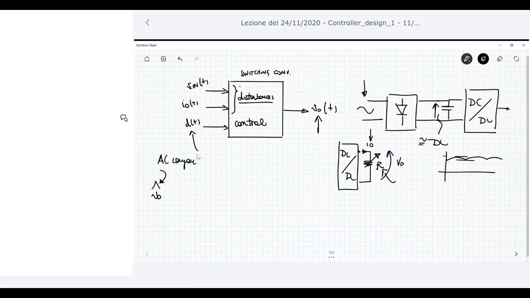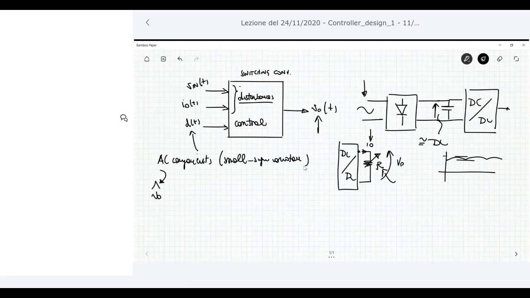In that case, I'm not talking about the steady state, the DC quantity that is always constant. I'm talking about something which is varying. And among all the variation, I just focus my attention on the small signal variation, so when something varies over a DC quantity and this variation is well lower with respect to the DC component.